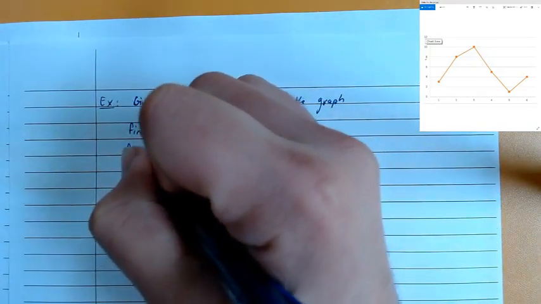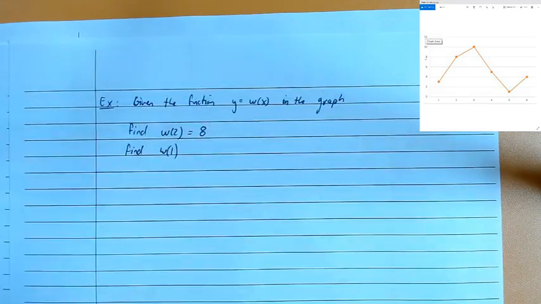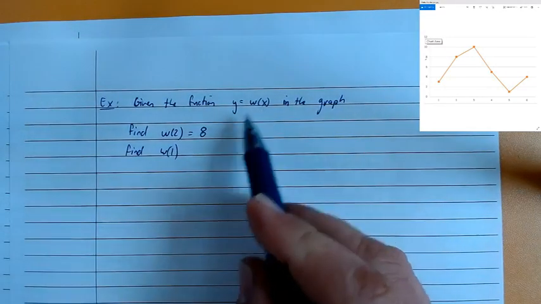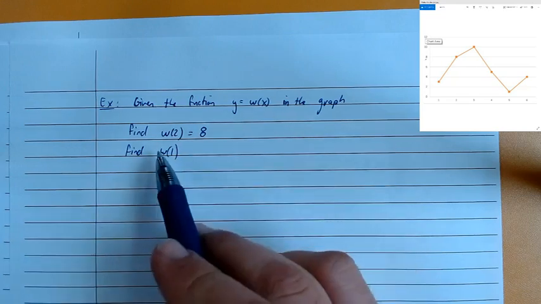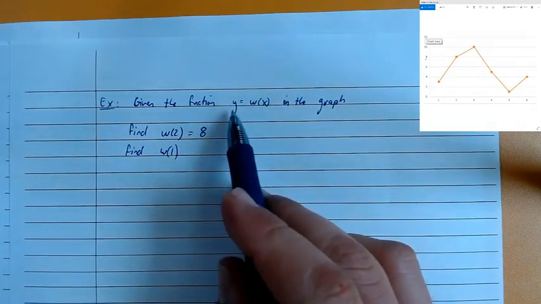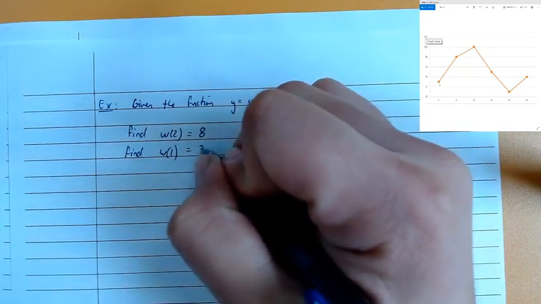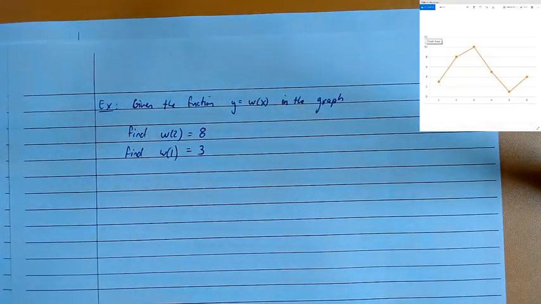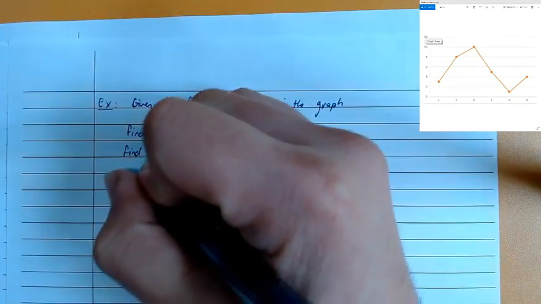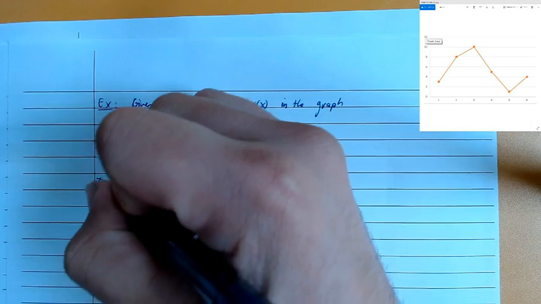If I find w of 1, same thing. I know my x value is 1. So my w of 1 must be the y value that I get when x is 1. Okay, well here's x is equal to 1, and so here y must equal 3. So w of 1 is equal to 3. So go ahead and give that a try.